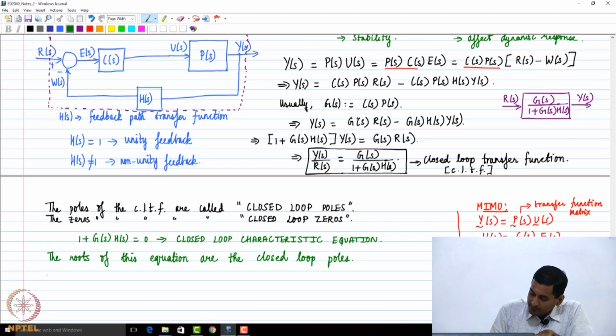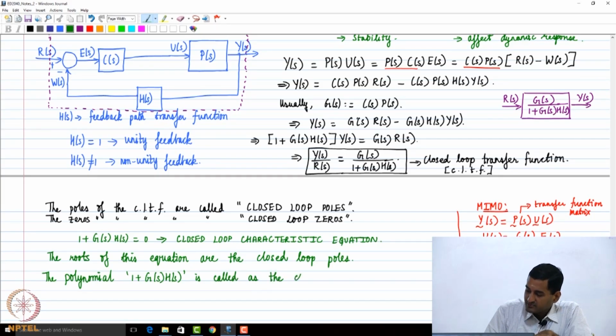And the polynomial 1 plus G of s H of s is called the closed loop characteristic polynomial.